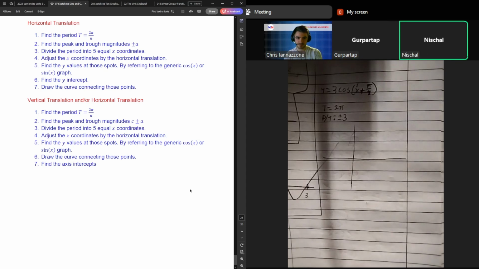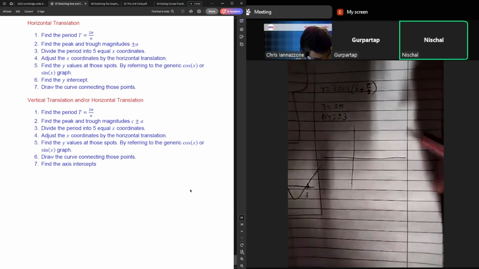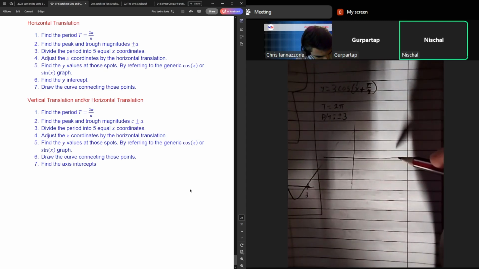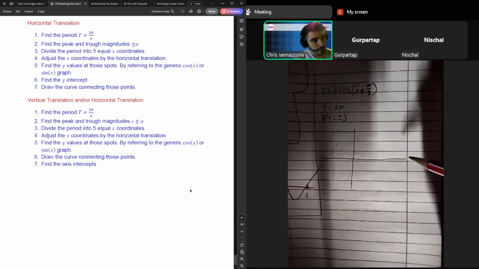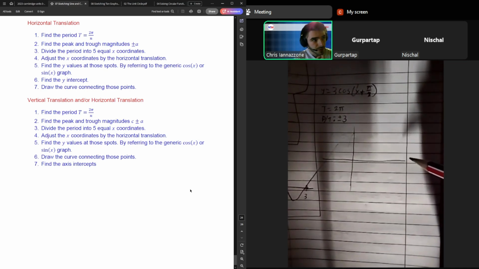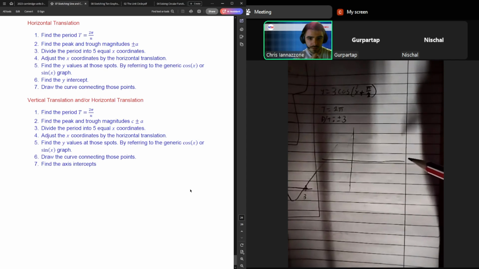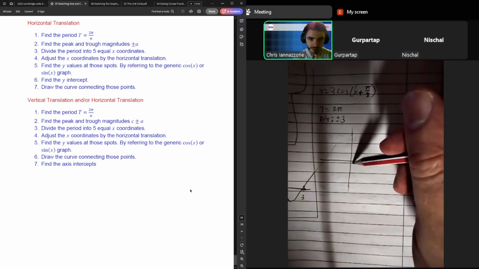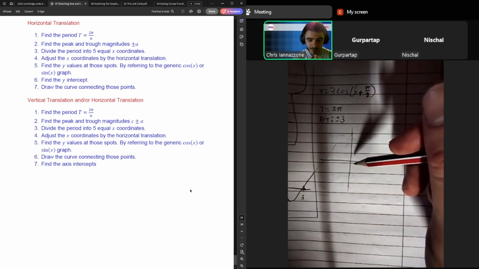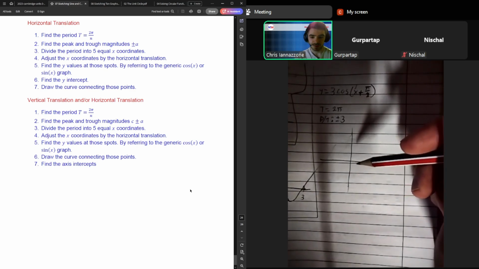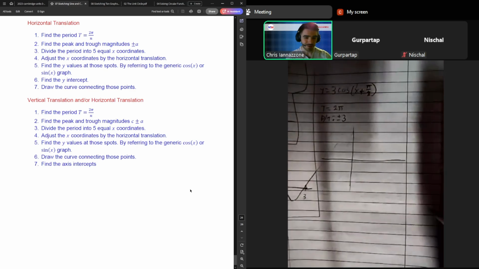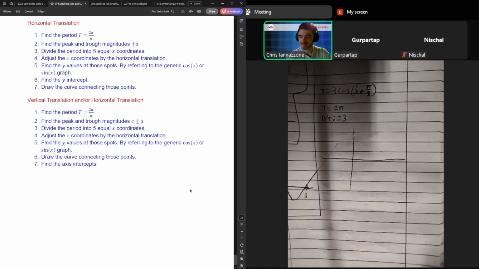So the whole period is 2 pi, so you just do 2 pi by 5, I believe. Yeah, so you are splitting it into 5 equal parts. The thing to watch out for is that 0 is considered one of those parts. And so you actually end up dividing it by 4 because 0 counts as one of the sections. A little bit weird, but yeah.